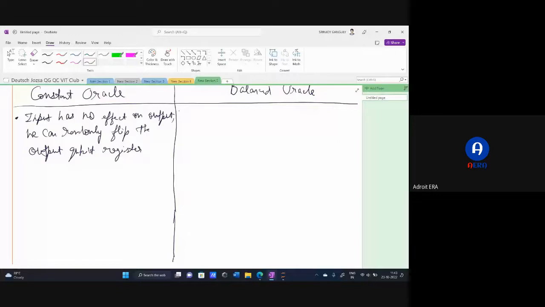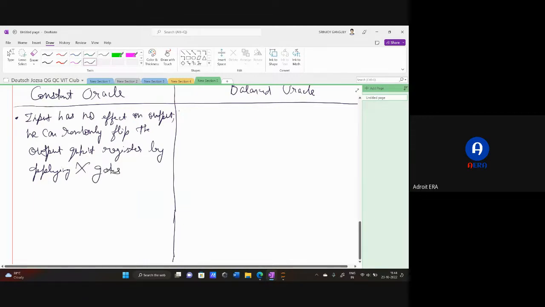Flip the output by applying X gates. Flipping can be done by X gates, right? I mean, there are other ways also. You can use the RX gate also for flipping, but let us consider simple cases. Of course, you definitely have other alternatives as well.